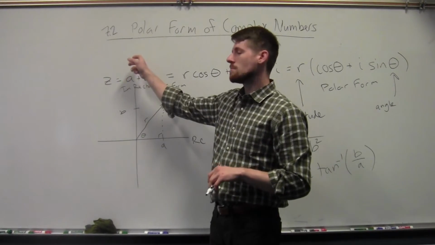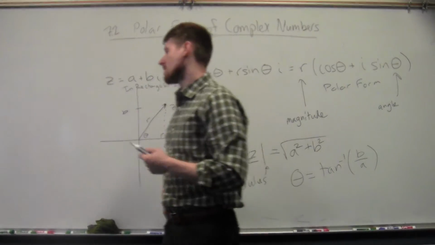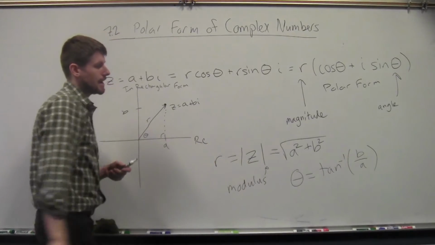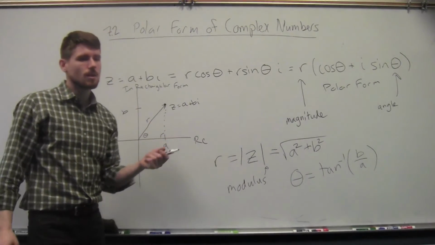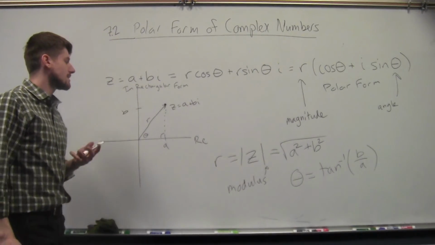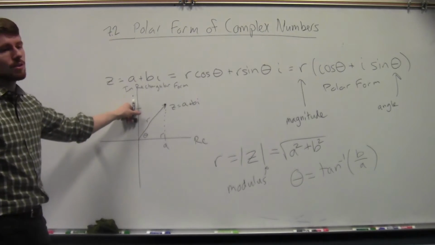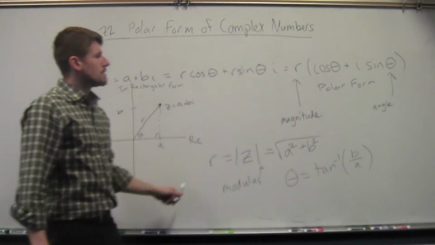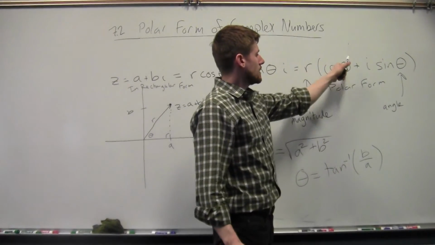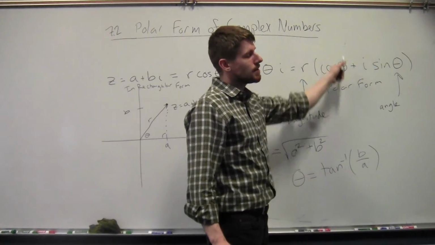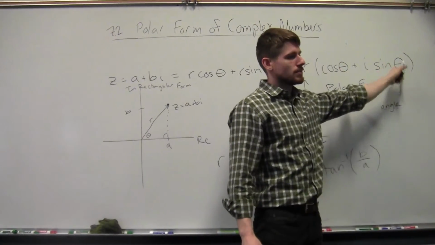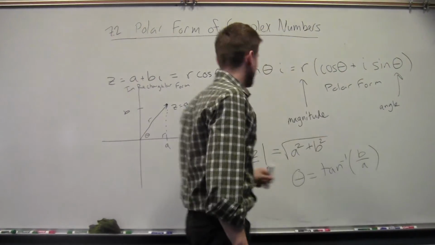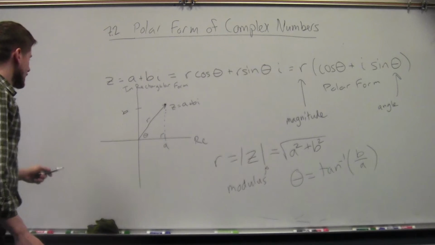If it's ever some multiple of i, then b over a ends up being some number divided by 0, which is undefined, but you can find this angle if you plot it. 5i would be 5 cosine of pi over 2, sine of pi over 2. This angle would be pi over 2 because it would be pointing straight up.